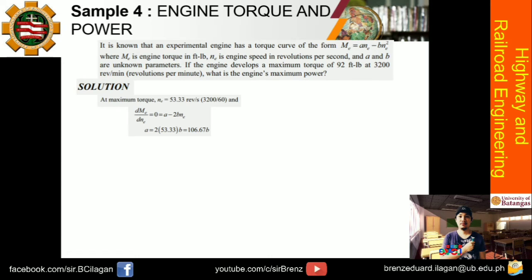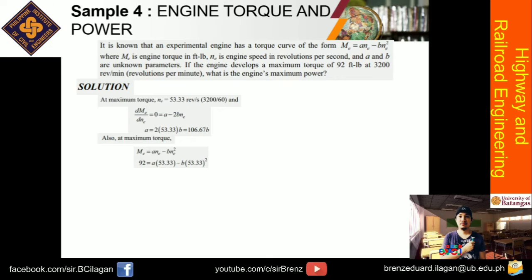And if you're going to take the derivative of that, that will be dM sub E over dN sub E is equals to 0 or equals to a minus 2b N sub E. Okay? So by transposing the 2b N sub E on the other side, we will have a value of a, which is equals to 2 times 53.33 times b, or that is 106.67 b. So we get a value of a in terms of b.